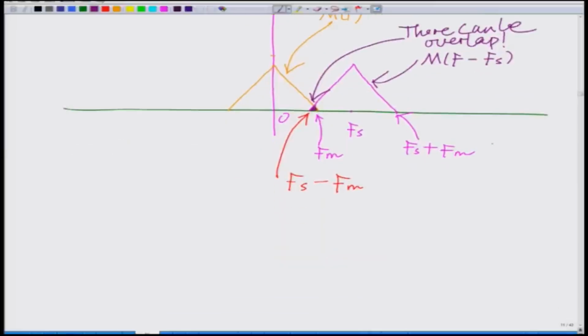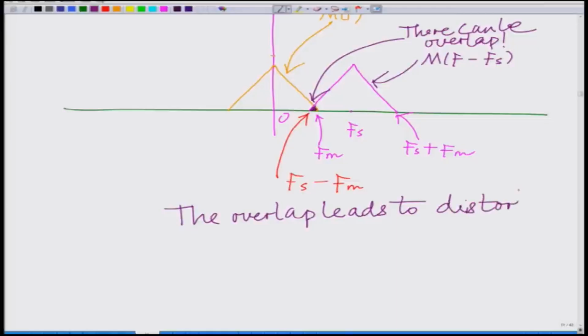So, Fm, now if you can see this corresponds, this is interesting. So, there can be an overlap, and the overlap leads to distortion. So, you have a copy of the original spectrum at 0, there is another copy shifted by Fs.